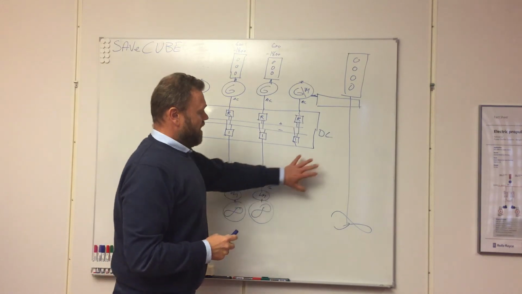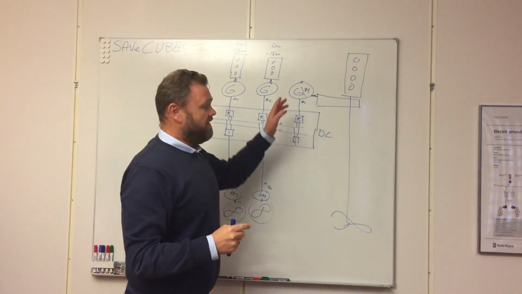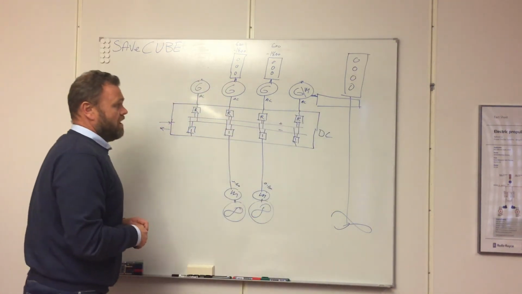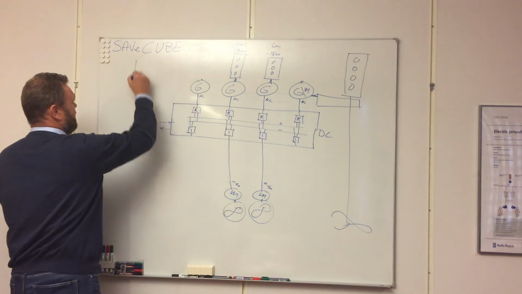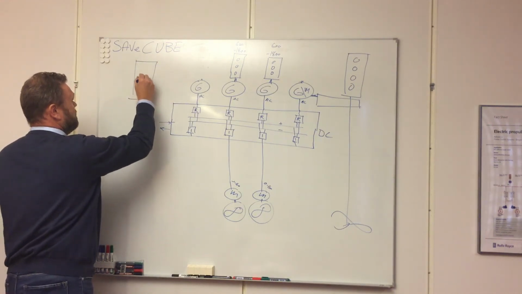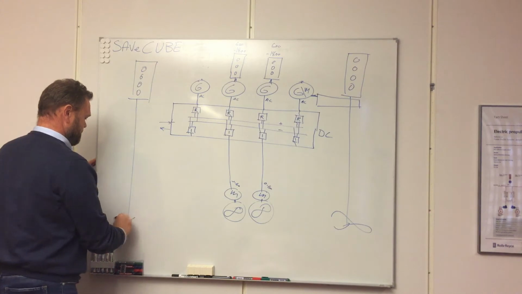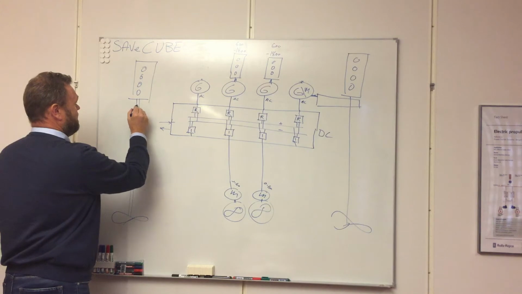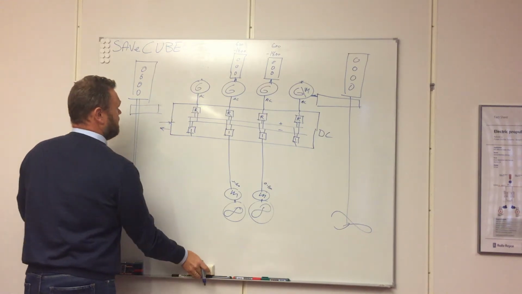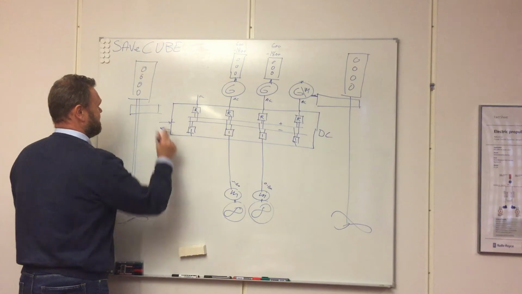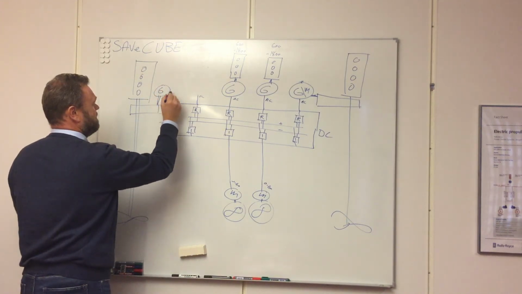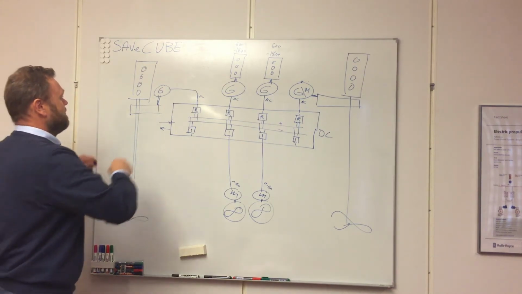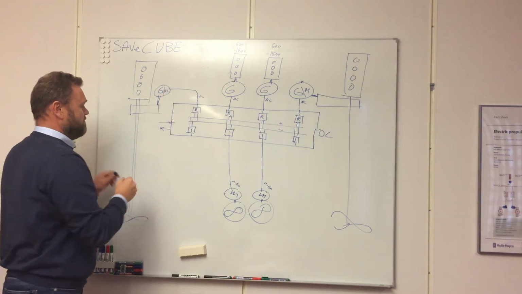So suddenly you have a hybrid installation with the HSG functionality, but connected to a cube. And very typical, this is a twin screw solution with two main propulsion propellers, and this is then again a generator and motor.